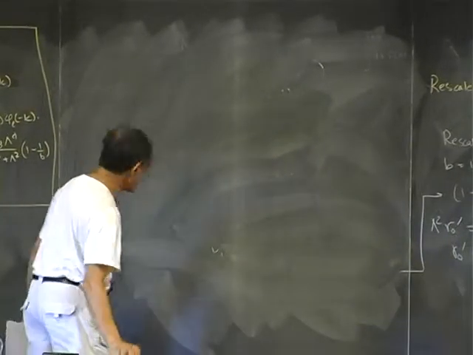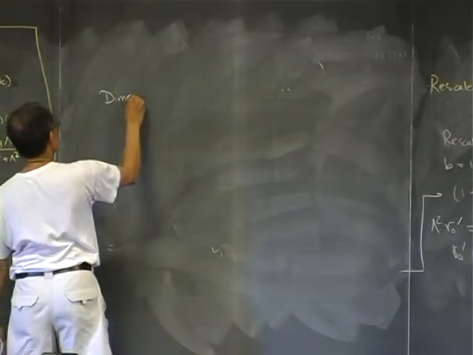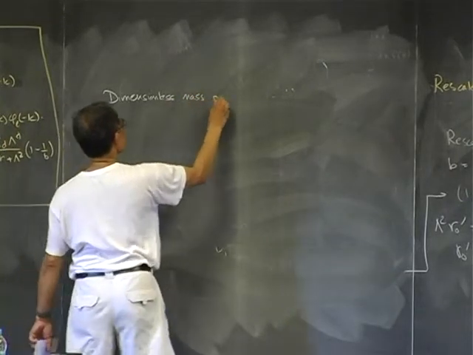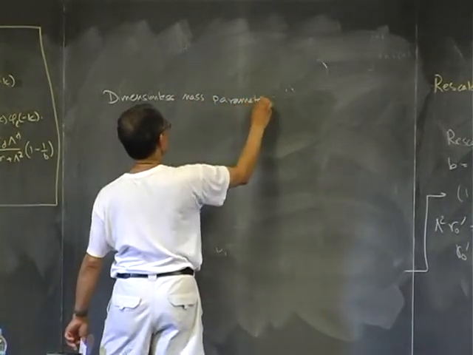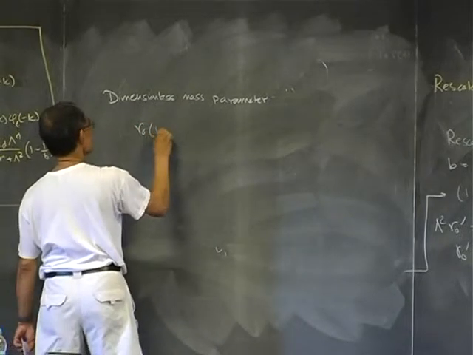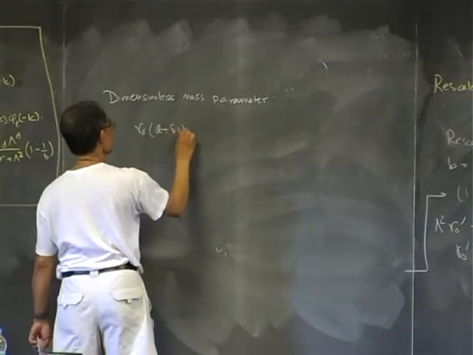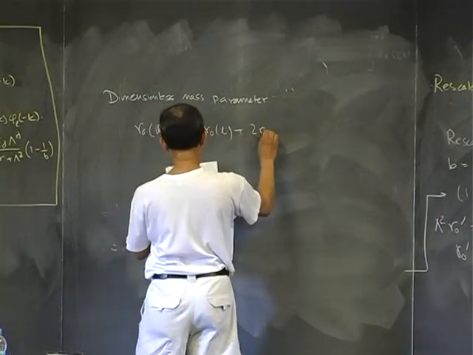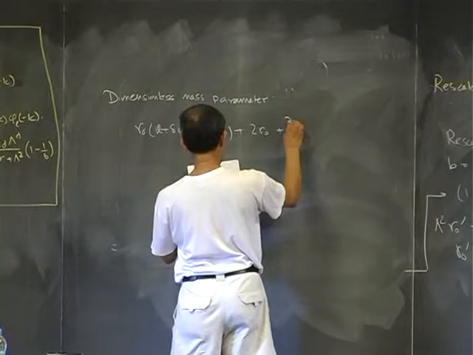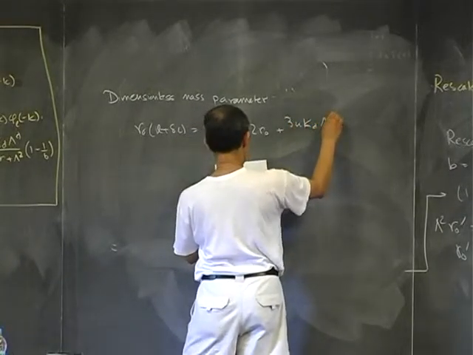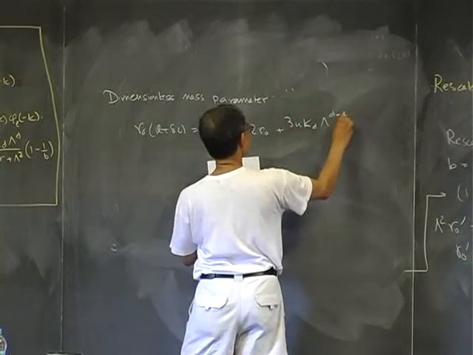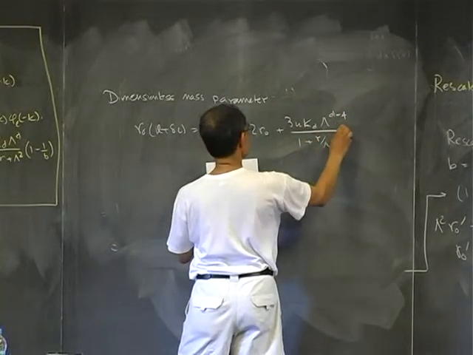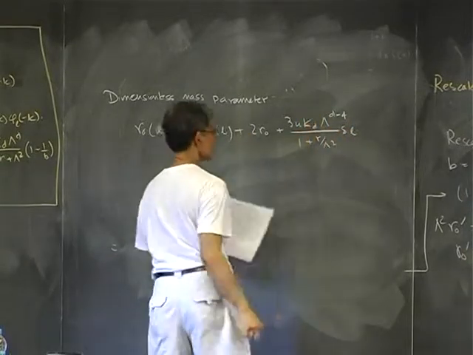The dimensionless mass parameter R naught at a scale L plus delta L is R naught of L plus 2 R naught plus 3u d minus 4, times that.